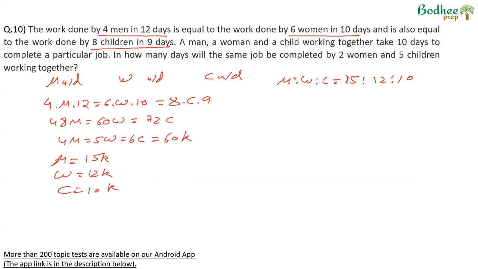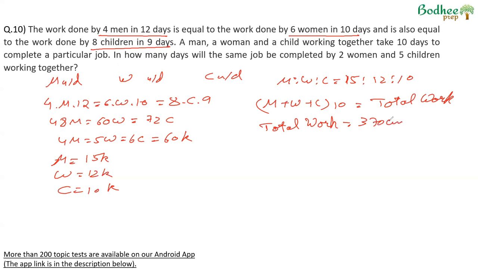A man, a woman, and a child working together take 10 days to complete a job. Man plus woman plus child for 10 days is the total work being done. So we can say that the total work will be equal to 15 plus 12, 27 plus 10, 37 into 10, 370 units.